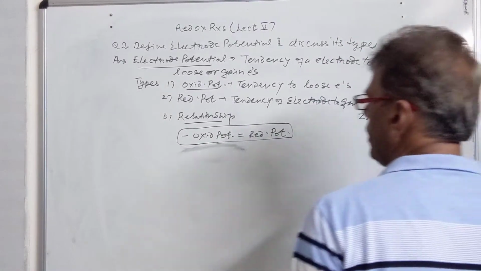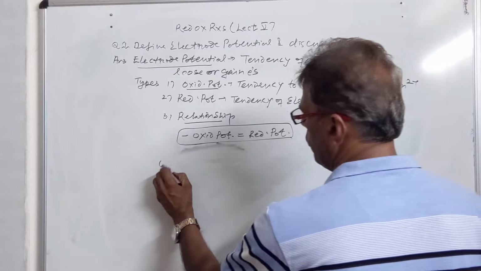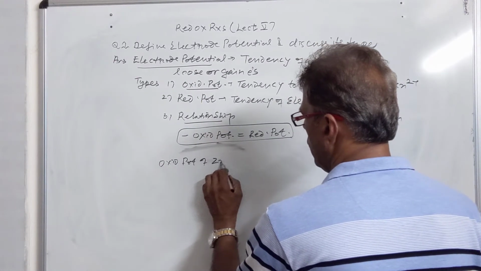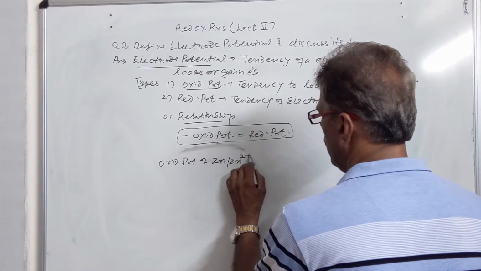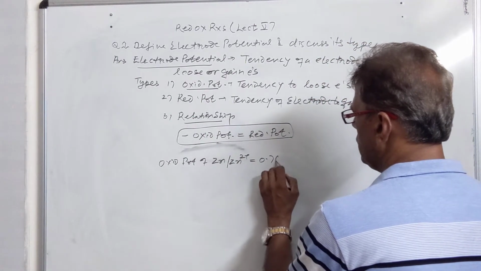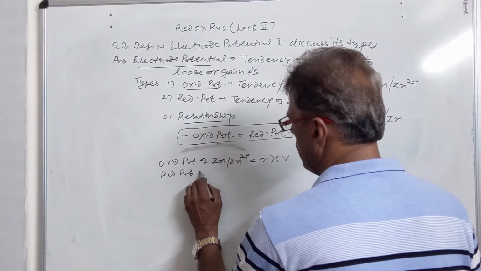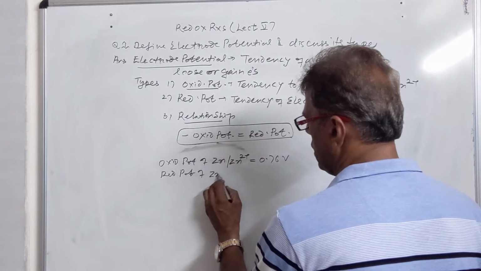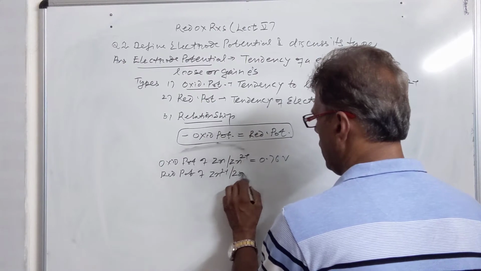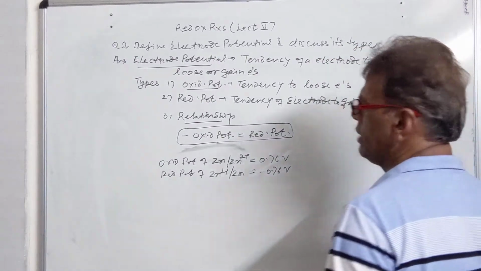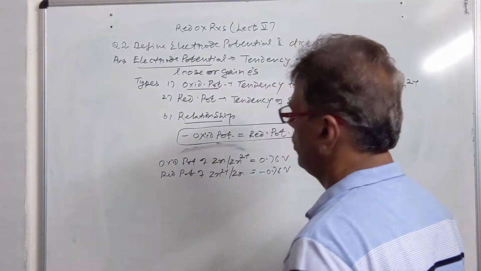So if we want to convert the oxidation potential of the zinc electrode into reduction potential, then this representation is changed and the sign is also changed. This is the reduction potential of this electrode.